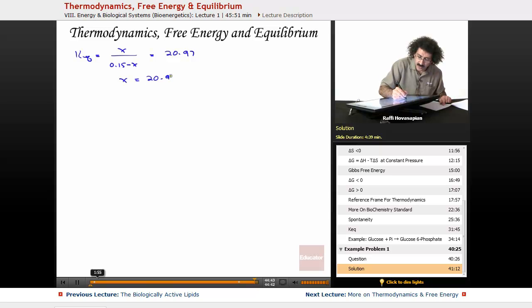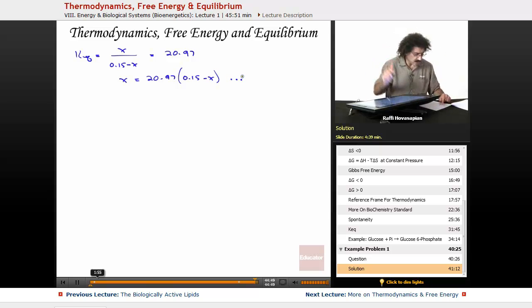X equals 20.97 times 0.15 minus X. I'll put 3 dots; you can do the algebra. What you end up with is X equals 0.1432 molar. That's going to equal the equilibrium concentration of the glucose 6-phosphate.